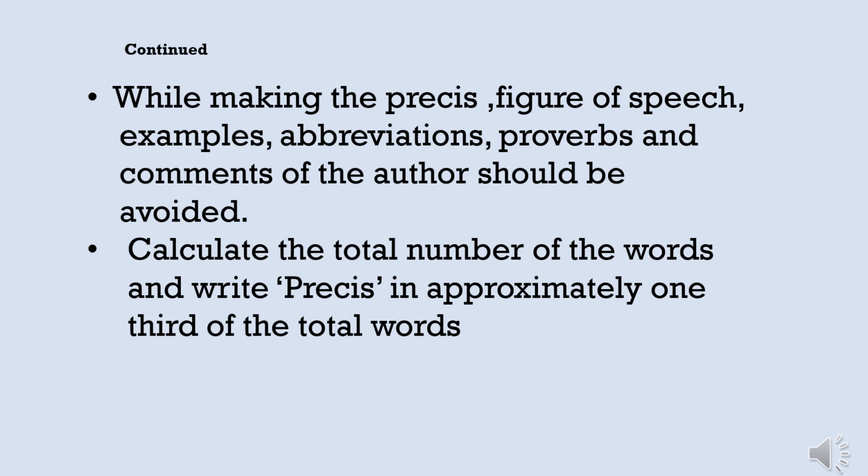If the total number of the words of the original passage are 194, then the words of your précis should be 65 approximately, because it should be 1/3 of the original passage. If your words become 70, then there is no issue. It's okay. But you have to take care of 5 to 7% margin of the words.